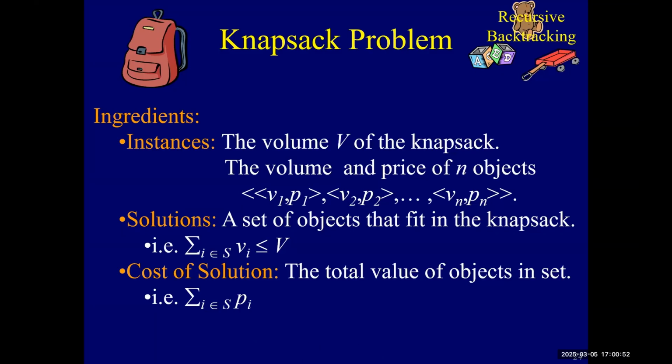And industry wants to do these kinds of things all the time. It's got to make a bunch of decisions, and it wants to make those decisions that meet these constraints while optimizing the bottom line, which is how happy its customers are.